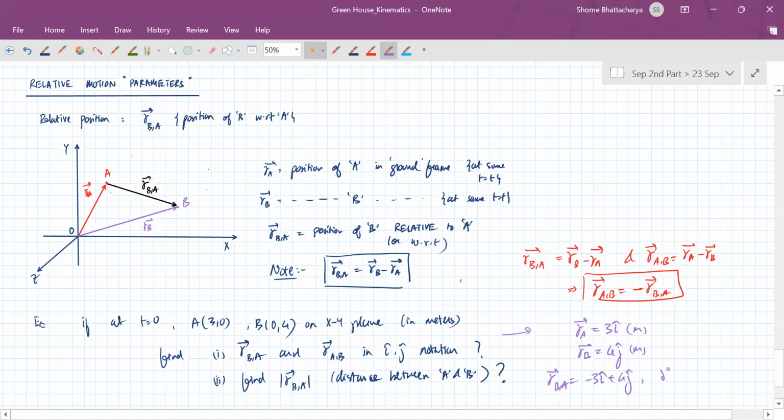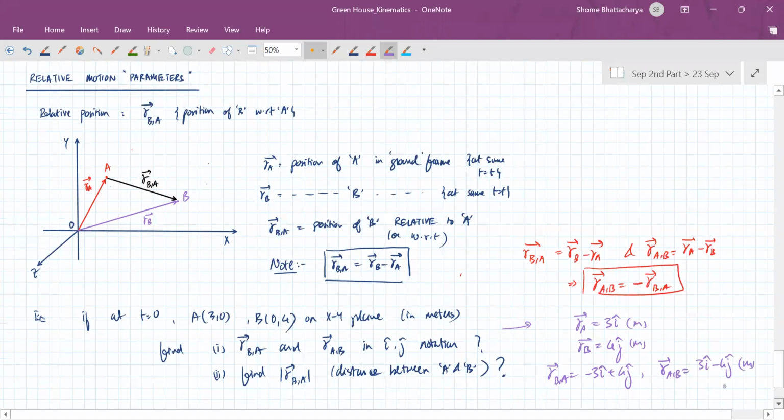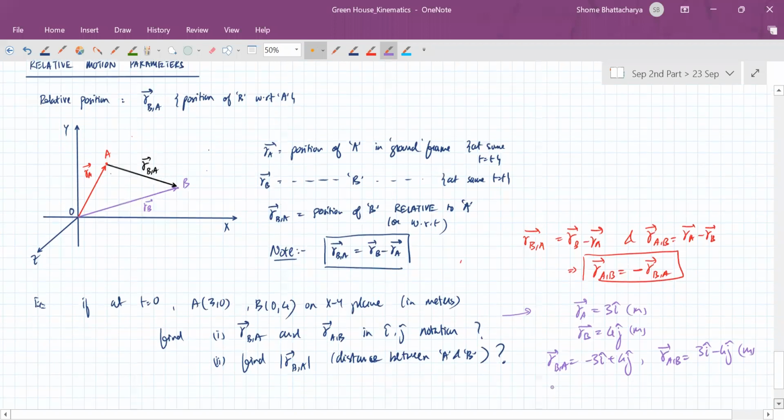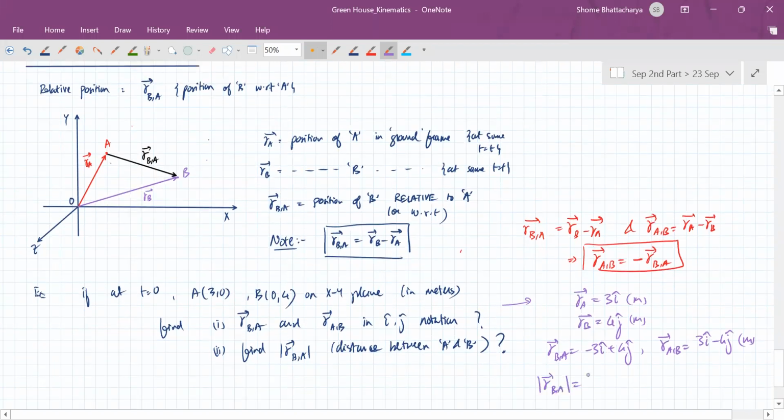And the position of A with respect to B is this vector minus this vector, so it is 3 i cap minus 4 j cap. Therefore the distance between them can be expressed as magnitude of either of these two vectors, which is 5 meters.